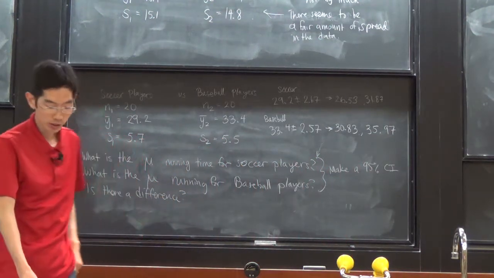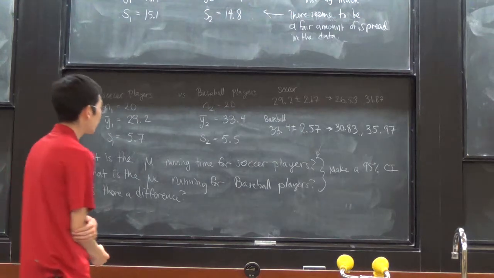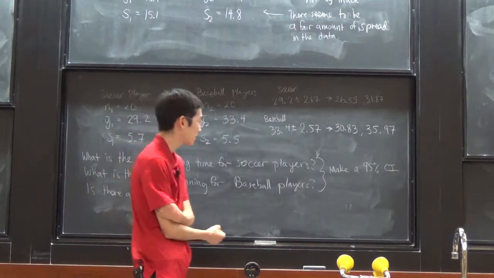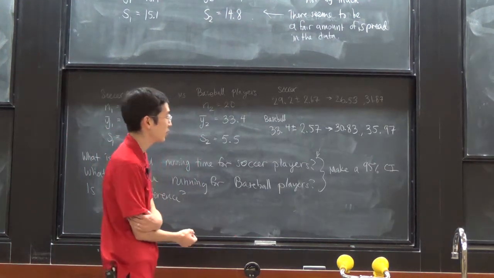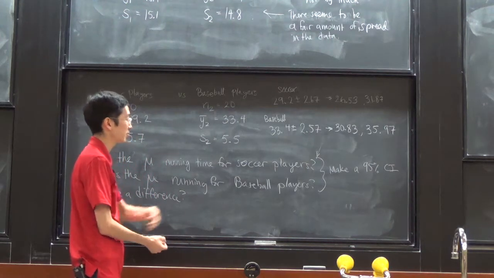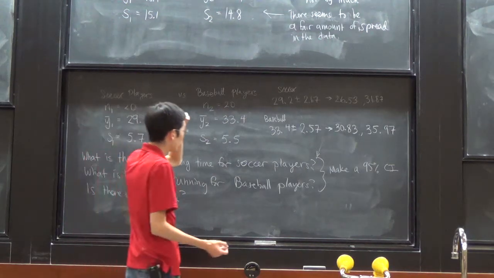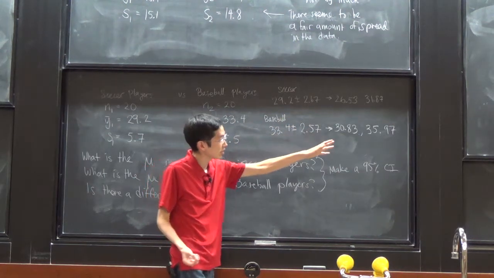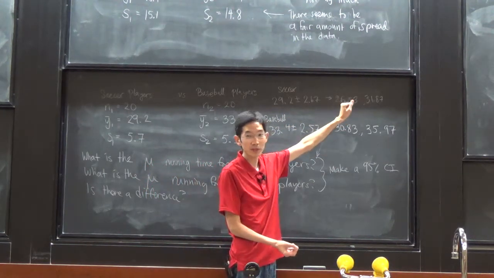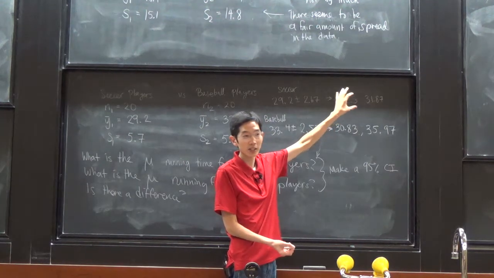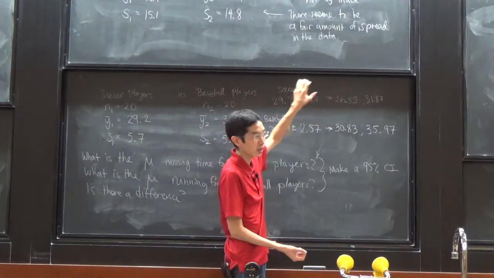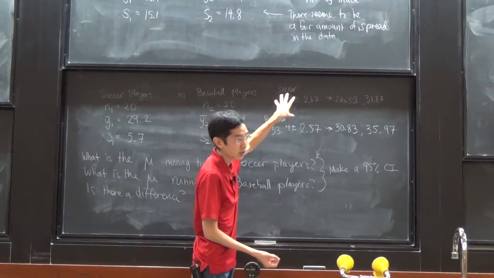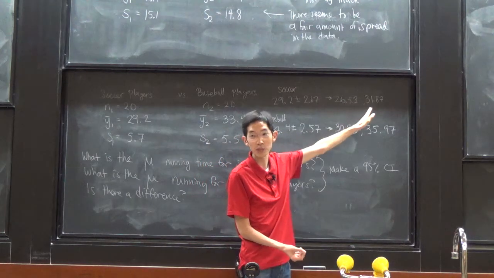But for that to actually happen, for the soccer players and baseball players to have the same mean running time for running 200 meters, that would mean our sample had to be on the quote unusual side for the soccer players, in that we got a sample where our sample mean was lower than the true mean.